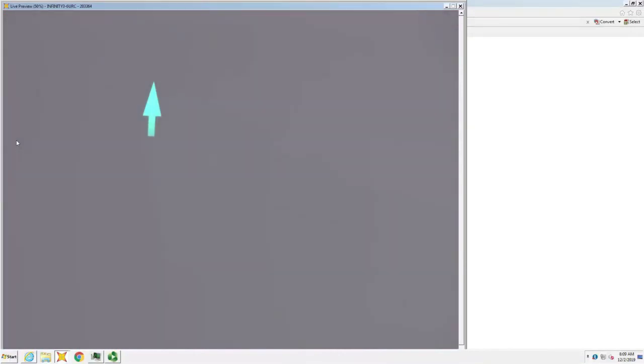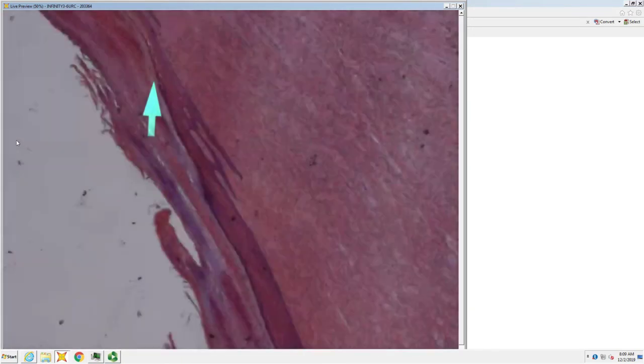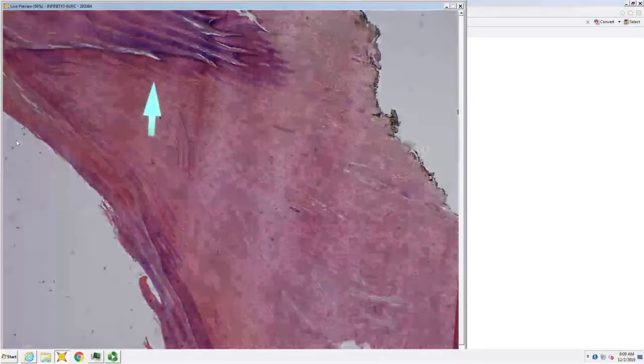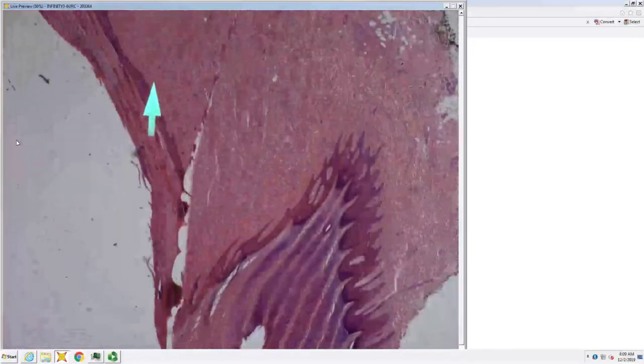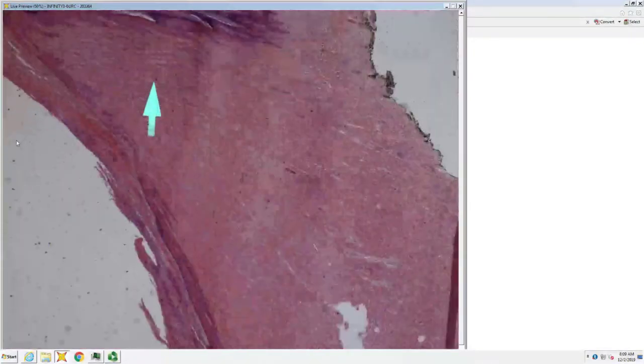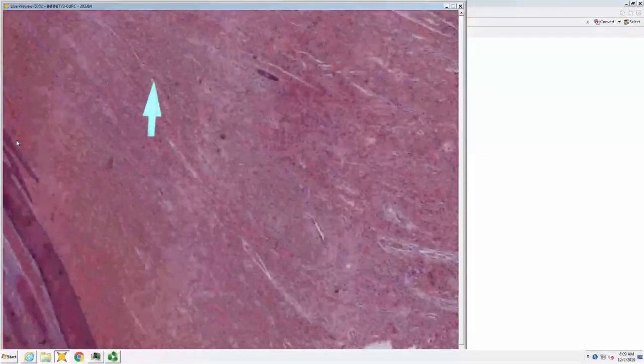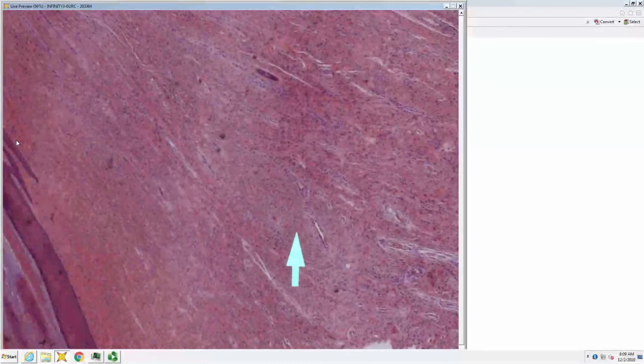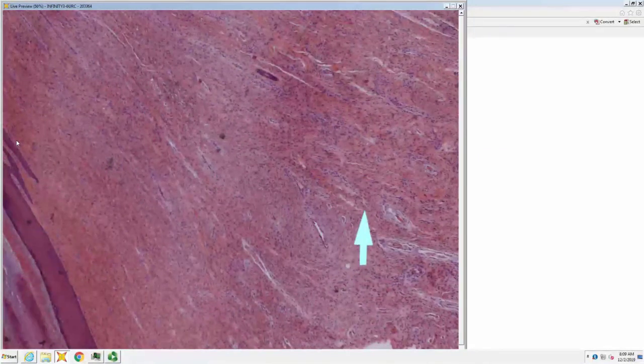Okay. Let's see. Just a couple more minutes. Okay, acral site, kind of uniformly cellular, amphophilic fibromyxoid.